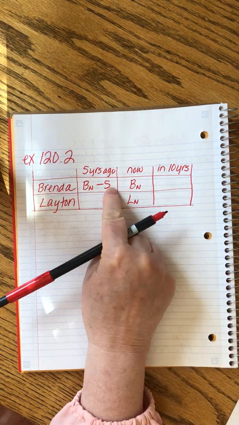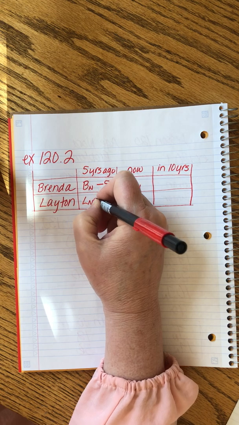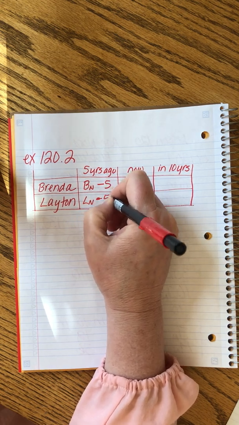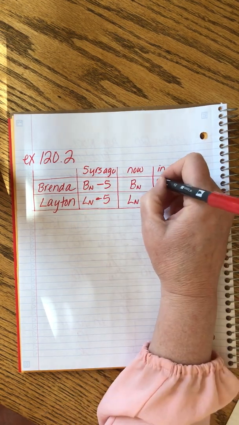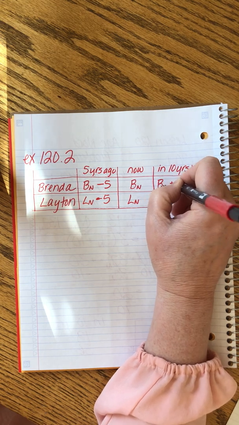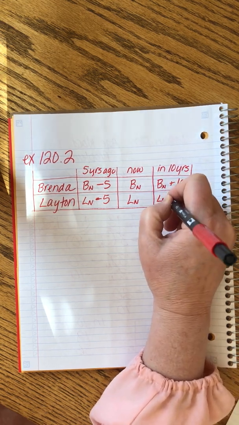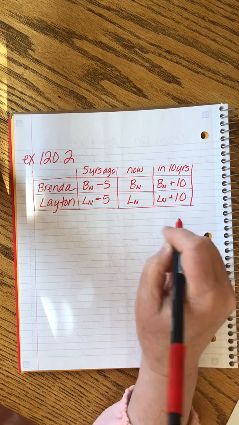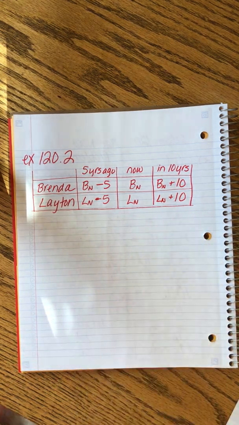Her age now, -5. Same for Leighton. Oops, -5, not an equal sign. And then +10 for their ages in 10 years. This isn't hard to set these up, but by writing it out, it will keep your head straight when now we're going to throw all these crazy fractions and stuff into the mix.